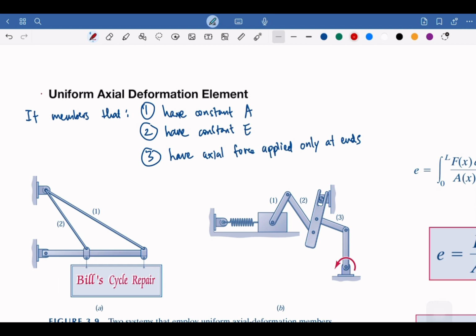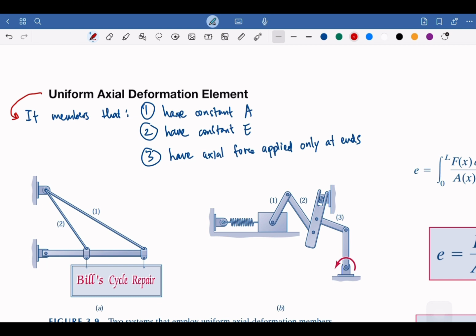So this will be satisfied if we have a constant cross section, constant linear elasticity, or a constant Young's modulus, and axial force that is applied only at ends.